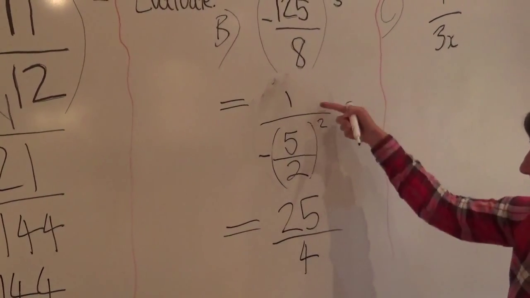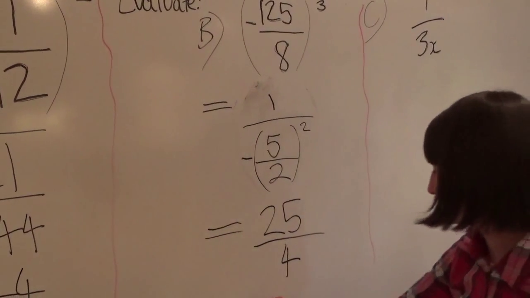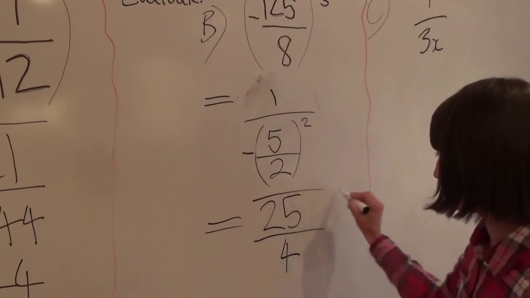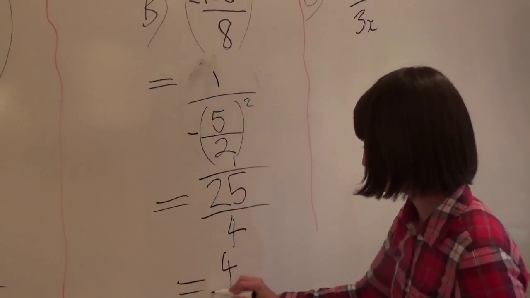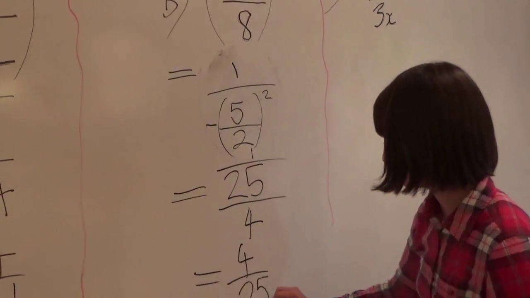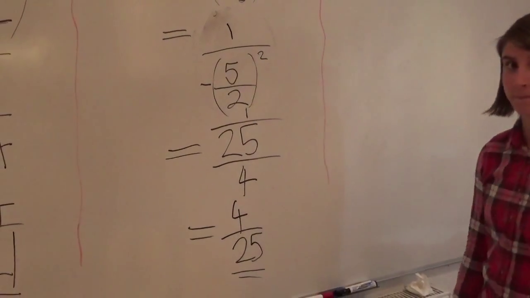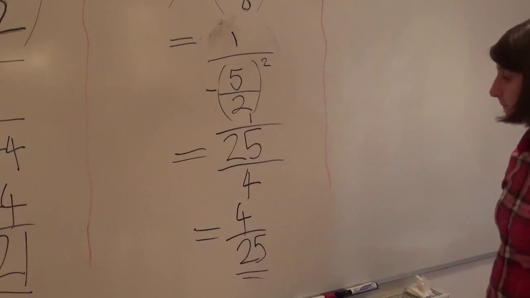And then not forgetting the 1 over means you... Can you put that in as well, Sally? So we've got 1 over... and then you just flip it again. So it's 4 over 25. And that again doesn't simplify any further.